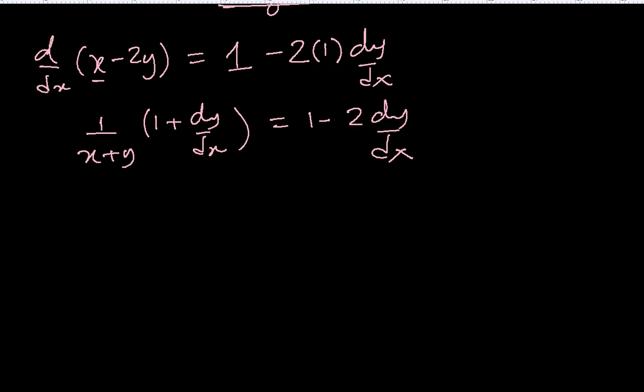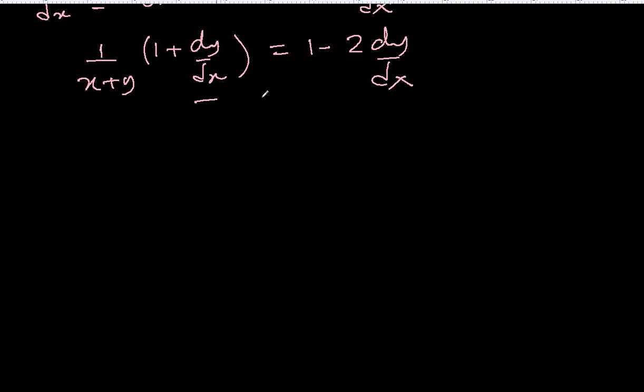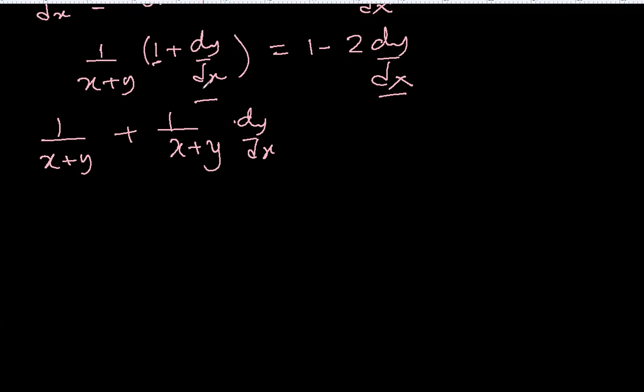Now, our next aim should be to isolate dy over dx, okay? And to isolate this one, we'll have to open this bracket first. So 1 over (x + y), when 1 multiplies with this, gives 1 over (x + y). Again, 1 over (x + y) multiplies with dy over dx also. And let's write it as it is.